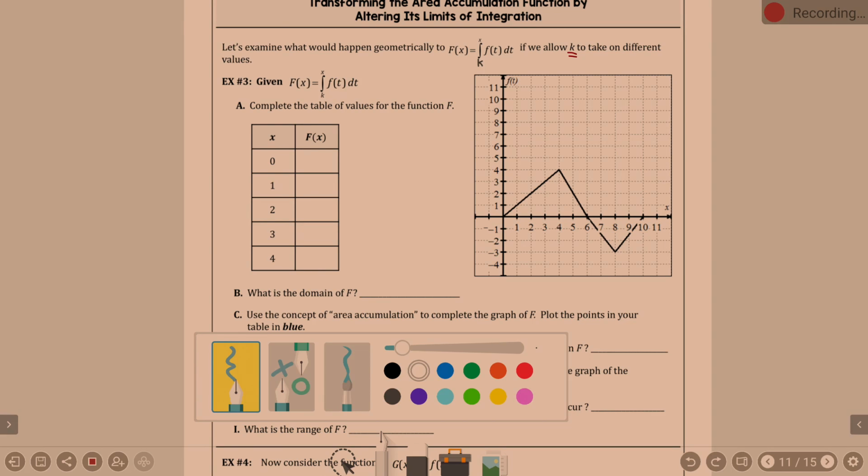Hold on. We've got to have, yeah, this value has to be determined here. And in this particular problem, k is going to be 0.